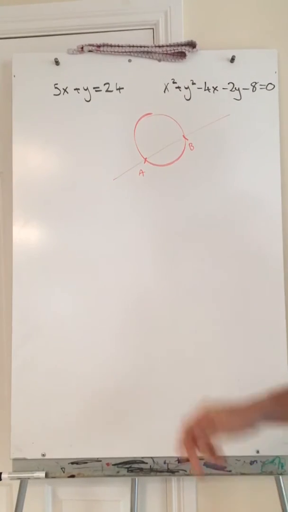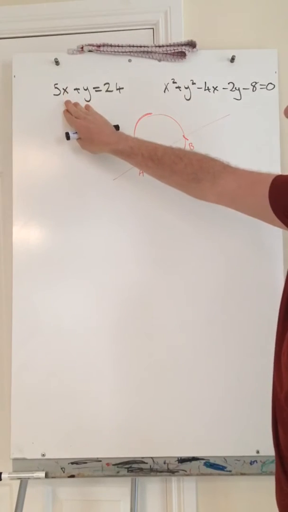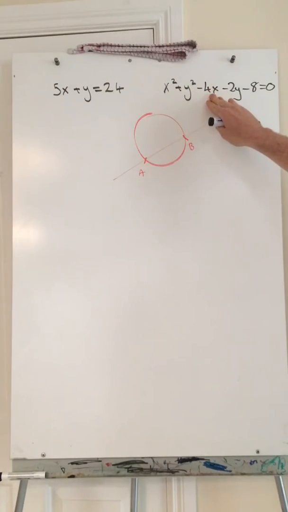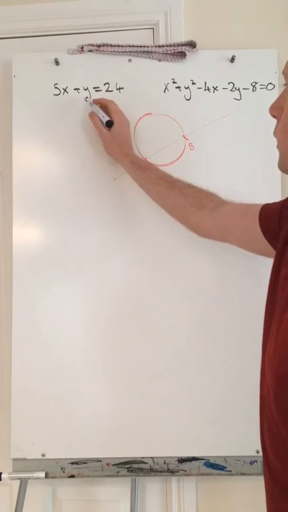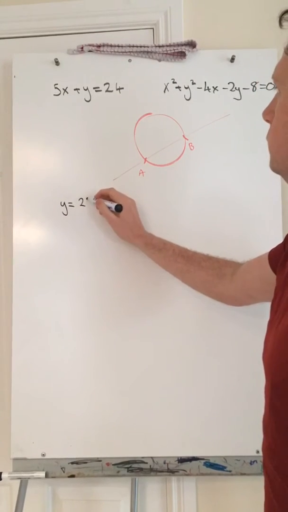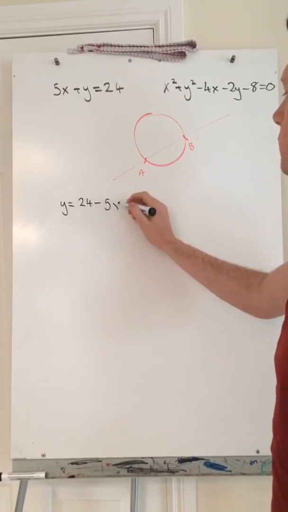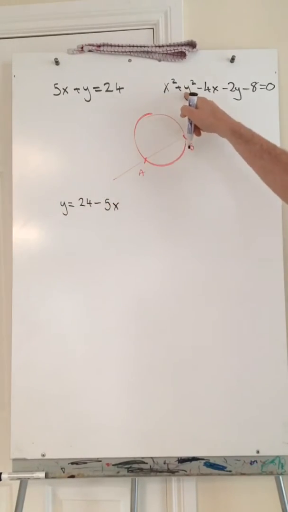The procedure here is the exact same. We want to solve simultaneous equations between this and this one. Again, I'm going to go through this very quickly because we did this in 5th year. For the linear one, you want to get y on its own, so y is equal to 24 minus 5x. Then we put that in for y here.